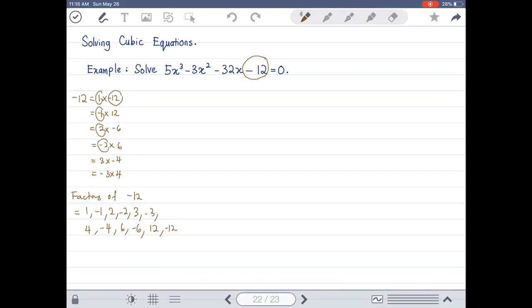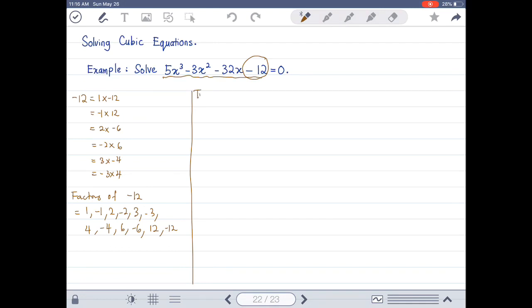So what I did is I just list down all these factors here. The next step will be you need to find which of these possible factors, when we insert into the polynomial, we will get 0.